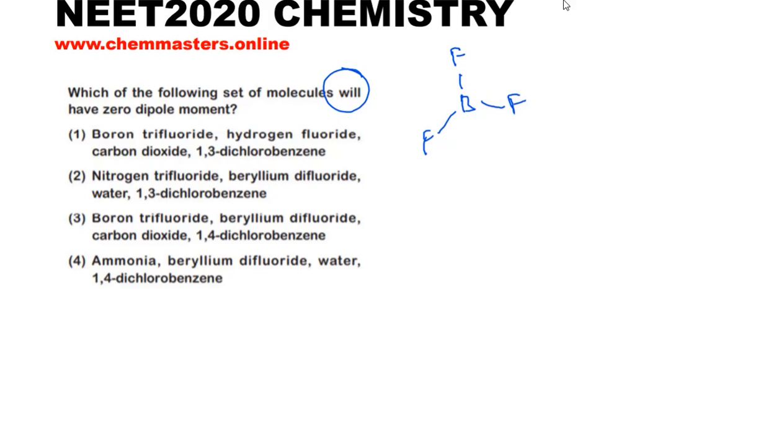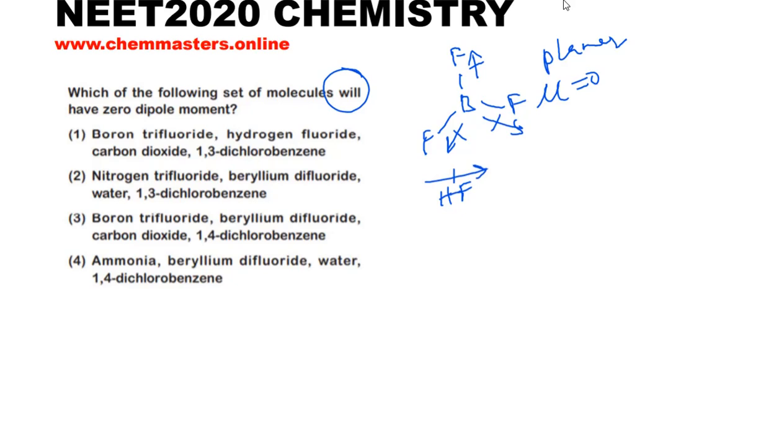So BF3 is a planar molecule. In this planar molecule, you can see the dipole vectors are cancelling each other. That's why the dipole moment is 0 for it. Okay, and next one is given HF. So in hydrogen fluoride, fluorine is more electronegative than hydrogen. That's why the bond electrons are always dragged towards fluorine.